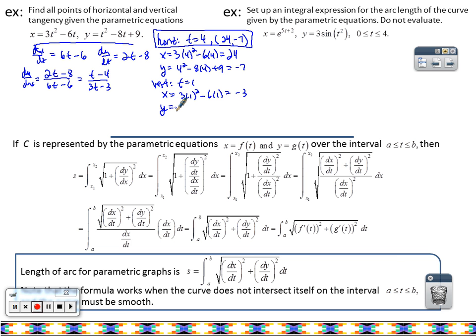And my y equals 1 squared minus 8 times 1 plus 9, and that was a 2. Arithmetic okay? So my point of tangency is (-3, 2). There's the vertical.